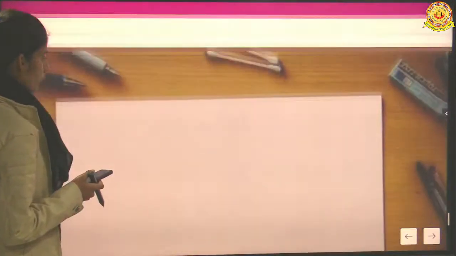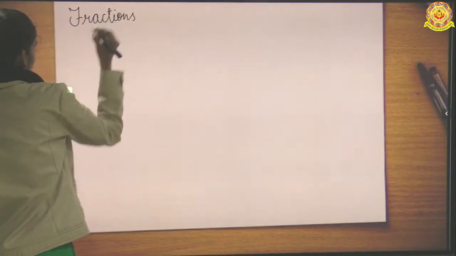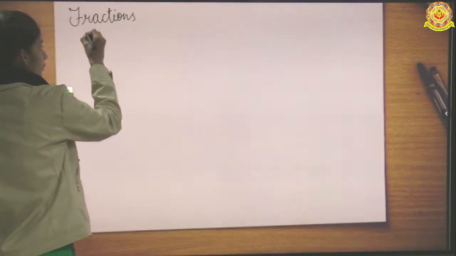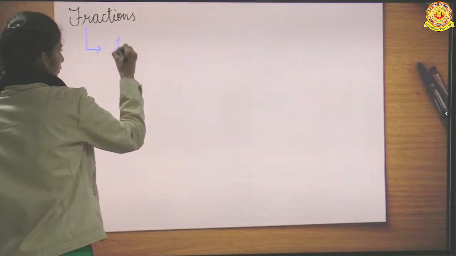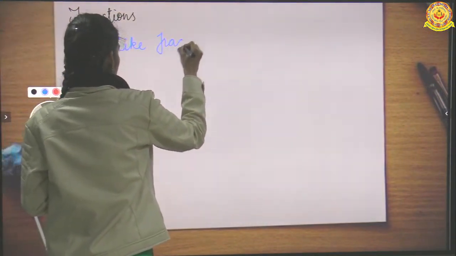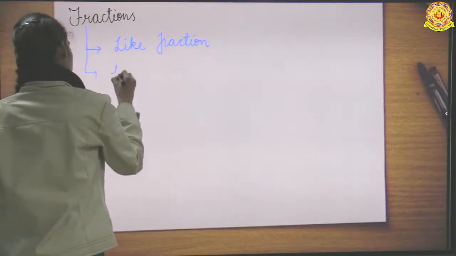So today what we have discussed? First we have discussed the topic fractions. And thereafter I have told you the types of fractions. First one is like fractions. Second, unlike fractions.